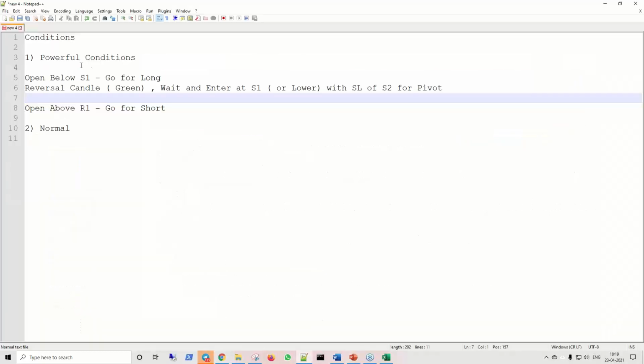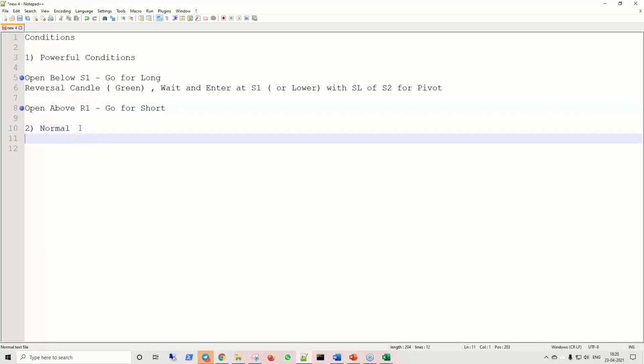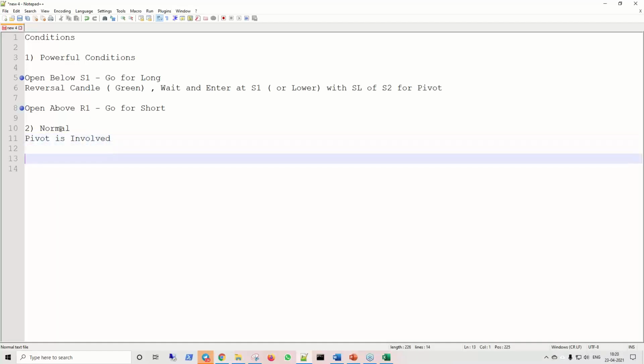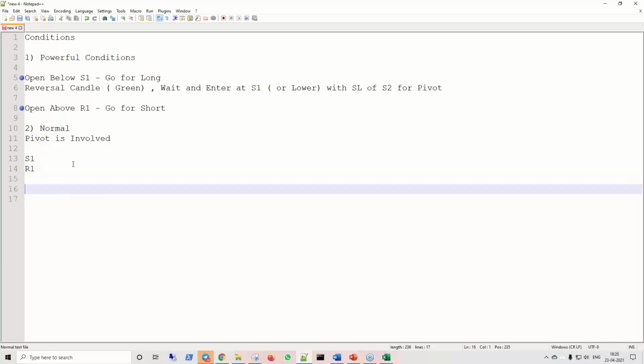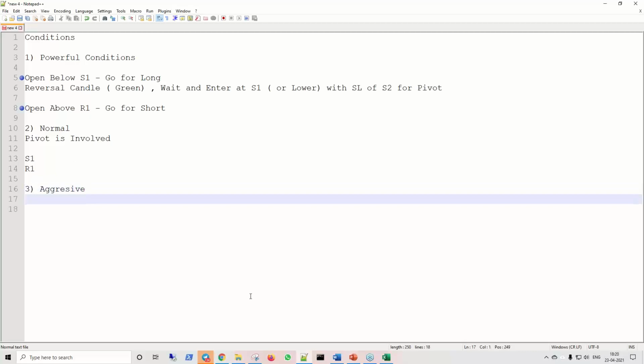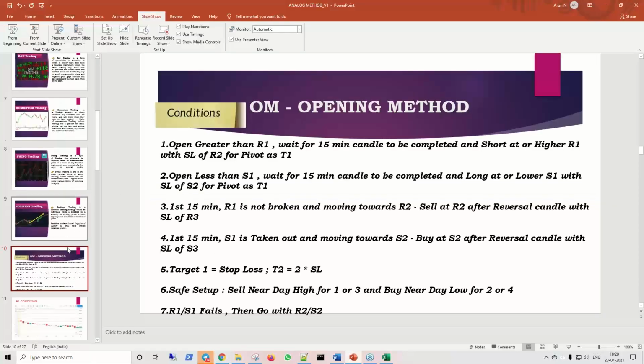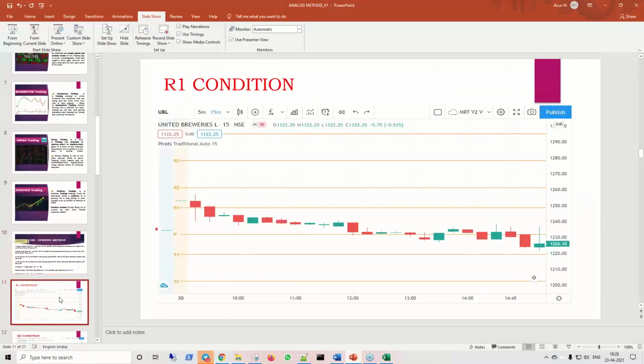Normal ones are when pivot is involved, like when the open is between pivot and S1 or between pivot and R1. This PPT will come again a little later.